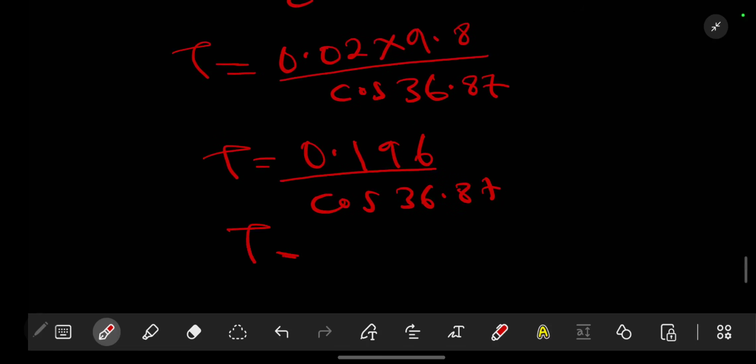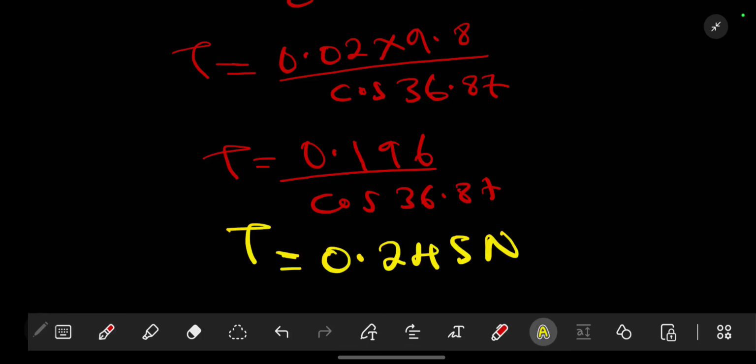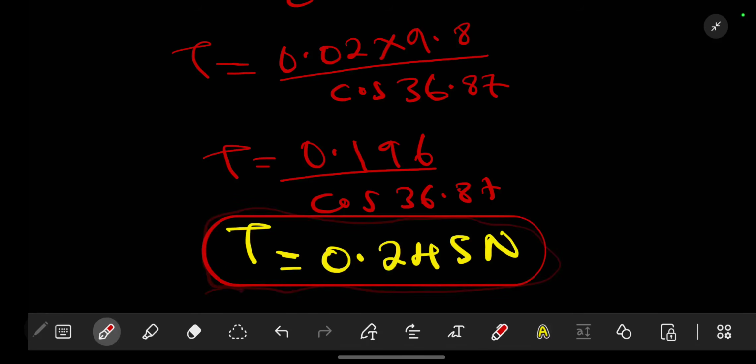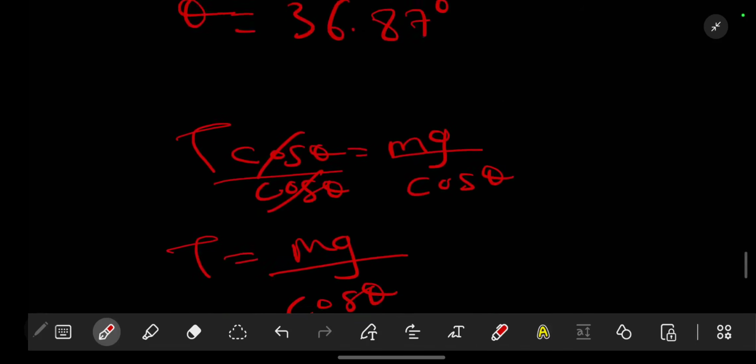So we have 0.196 divided by, put them in brackets, the cosine of 36.87. This gives us a value of 2.45 newtons. So with this we have found the tension there.